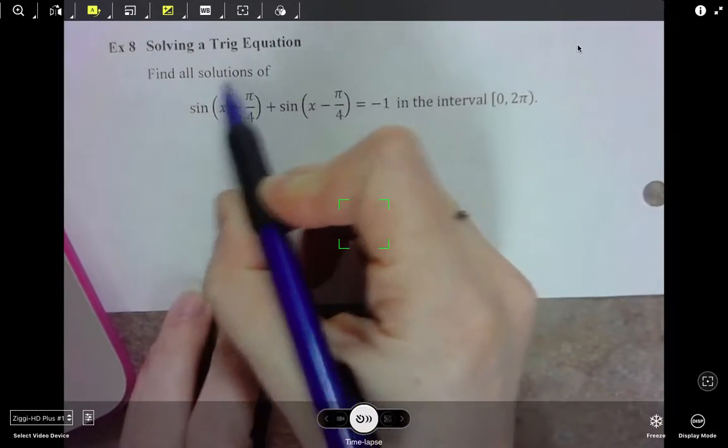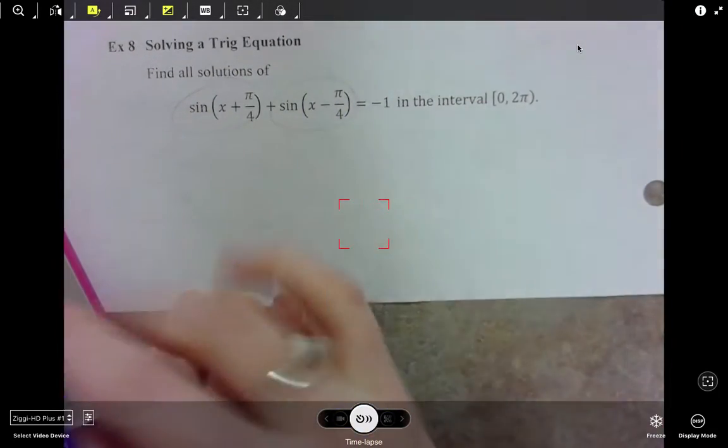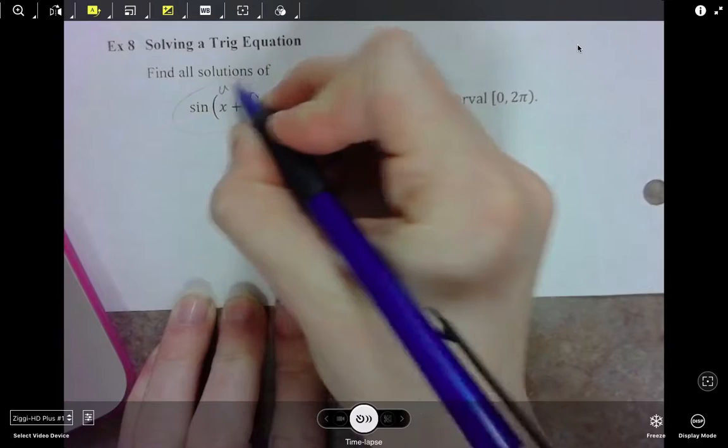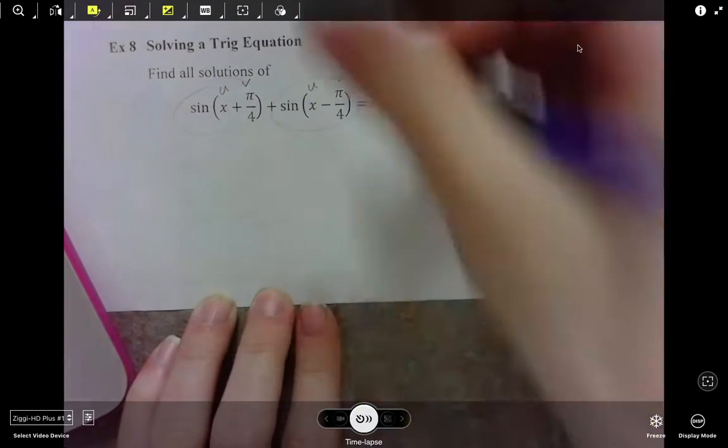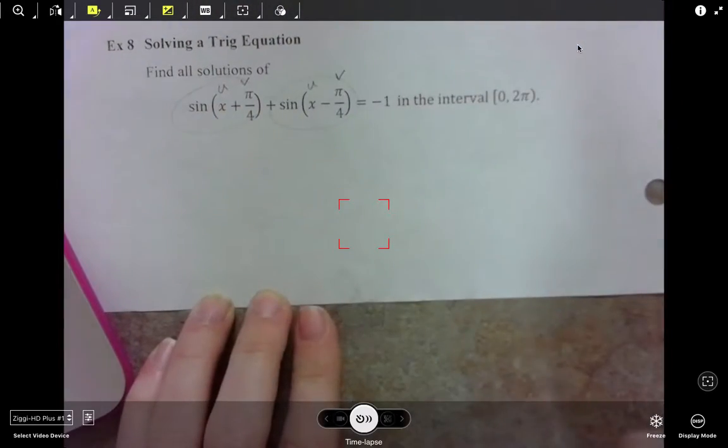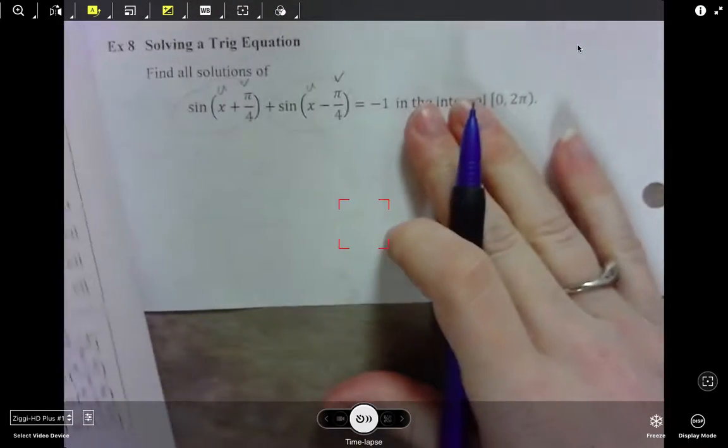All right, so we've got a sum and we've got a difference. So let's write this whole thing out. This is going to be u, this is going to be v, and in this problem, u and v are really kind of the same thing, but one of them is plus and one of them is minus. So I'm going to do my plus identity first.